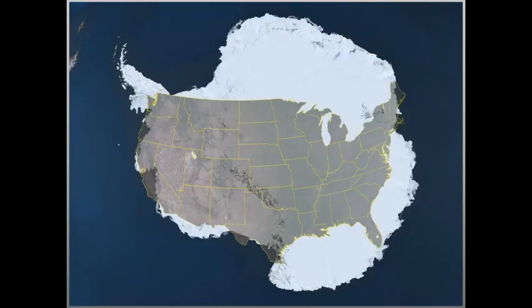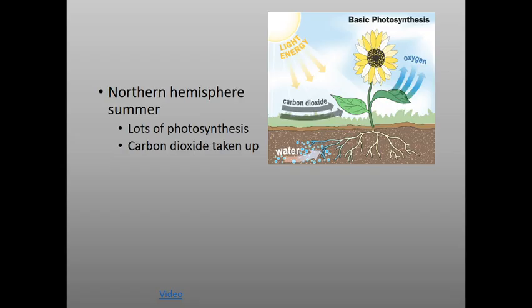So why does that matter? Well, because the majority of land is in the northern hemisphere, think about the northern hemisphere summer. What's happening? All the plants are going through photosynthesis. Photosynthesis sucks up carbon dioxide and releases oxygen. So you have a net in the northern hemisphere summer, like June, July, August, right?